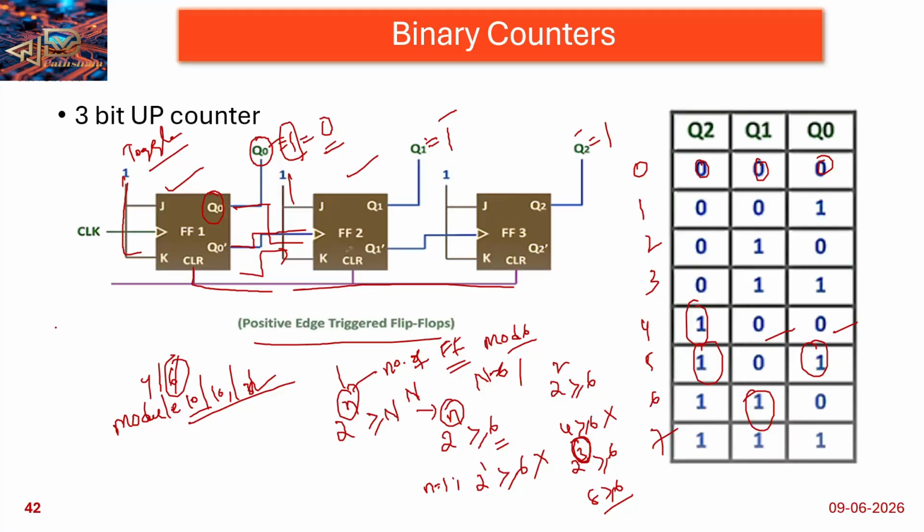So now tell me, if I am designing modulo 10, how many flip flops are required here? Modulo 10 I am calculating, that means 2 power n greater than or equal to 10. How many flip flops are required?